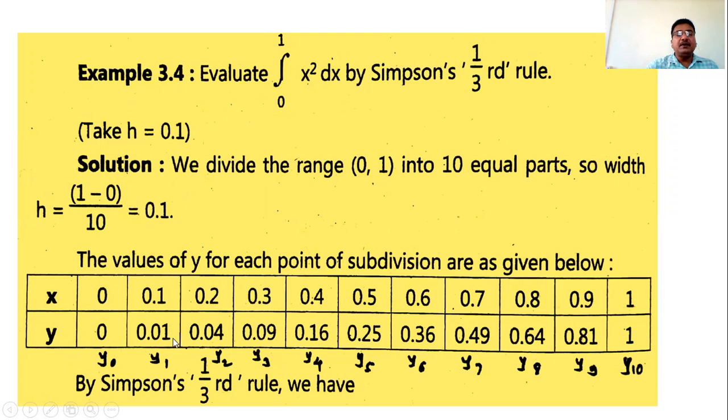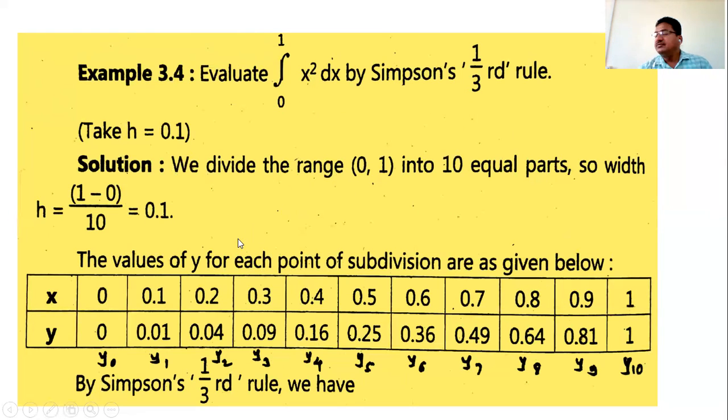By adding 0.1 each time: 0.1, 0.2, 0.3, 0.4, 0.5, 0.6, 0.7, 0.8, 0.9, and then 0.9 plus 0.1 is 1. We stop at the upper limit. If you count these values of x, there are 11, because the number of intervals is 10.